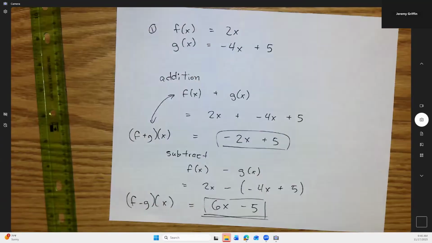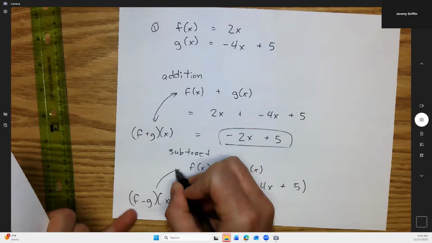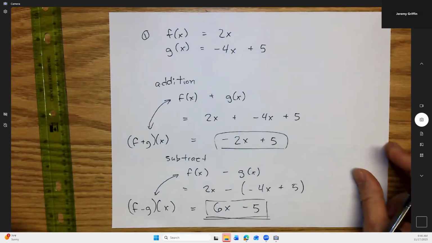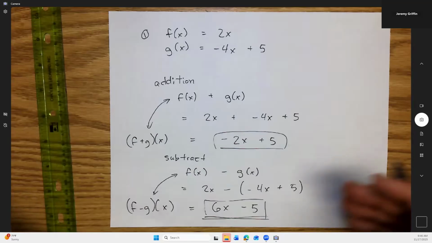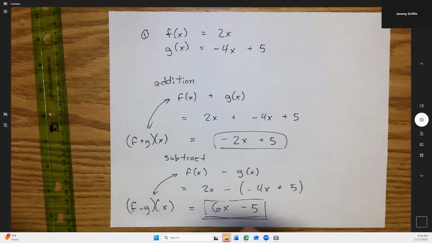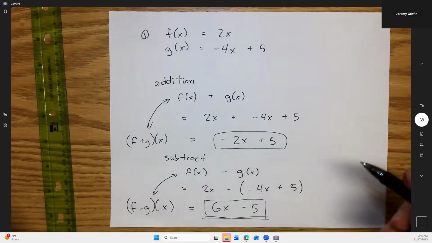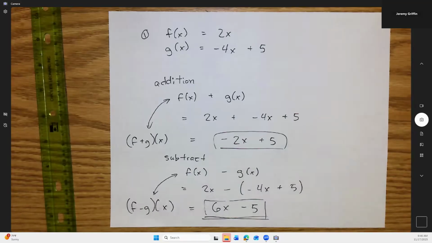This and this are the same thing. It's just different notation. If you ever see one function minus another function, it's just one function minus the other function.